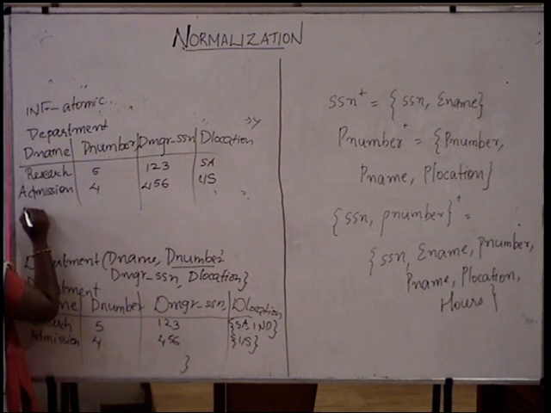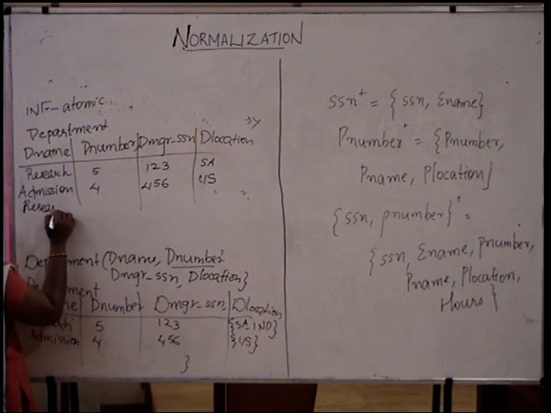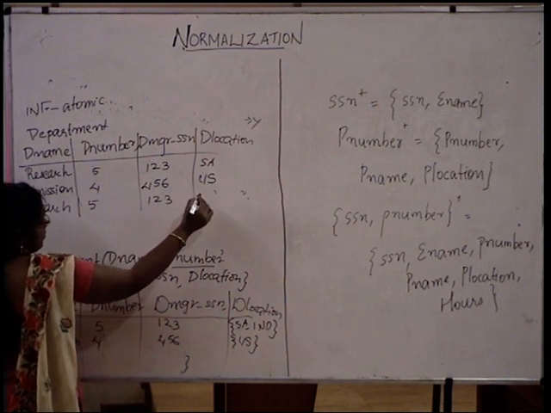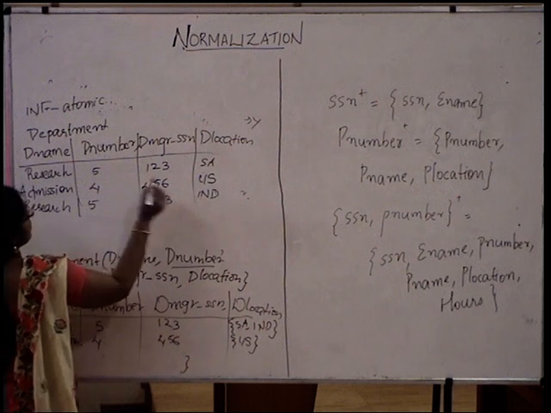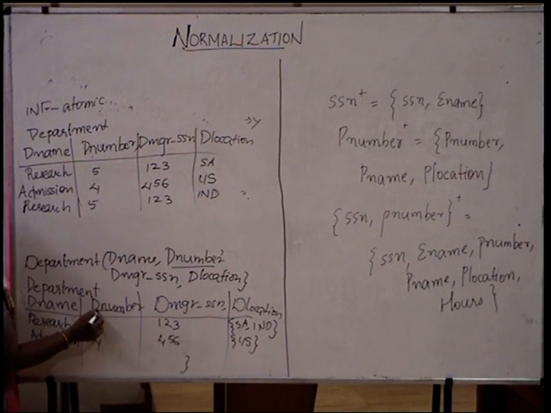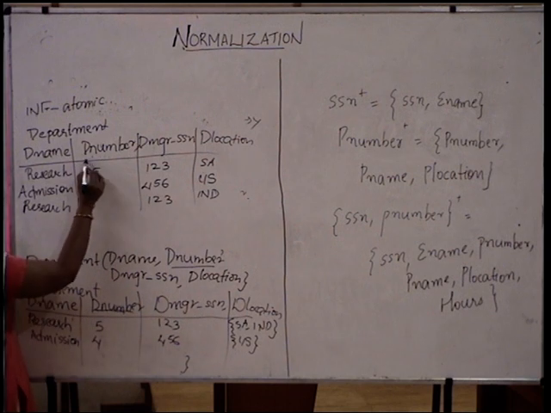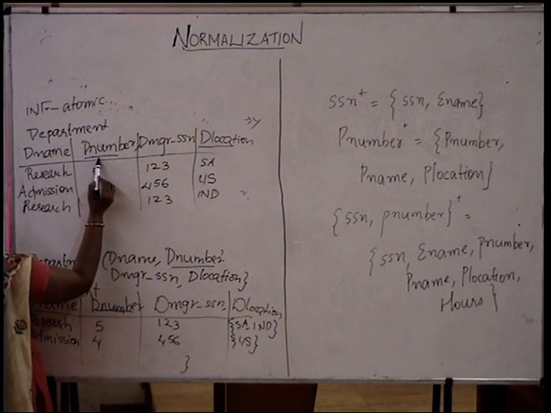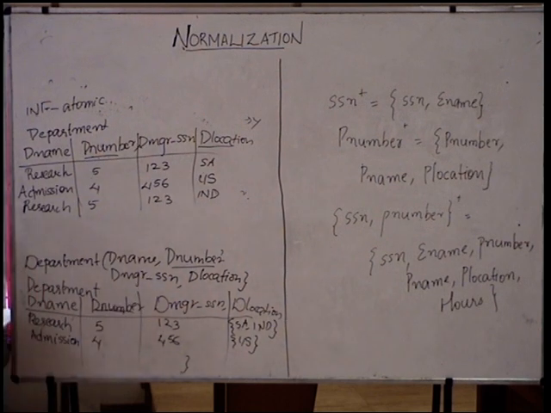And we will add one more row: research with D number 5, manager SSN 123 with IND. So this D number was the key attribute. Here having duplication, we make a composite key composed of D number and D location.